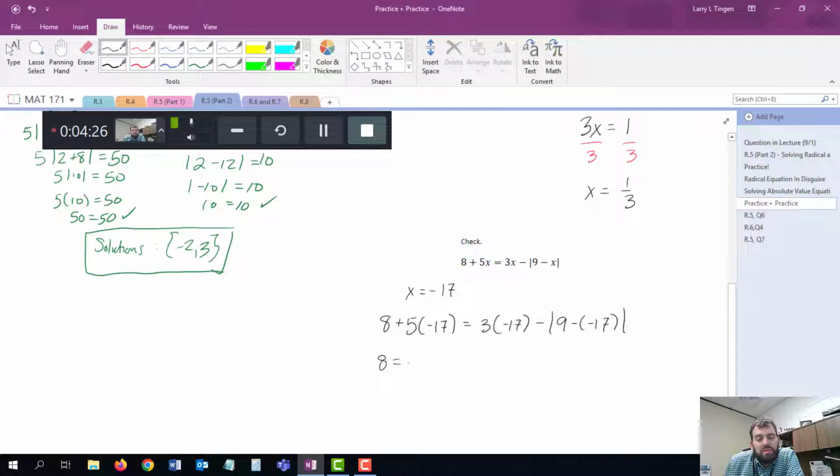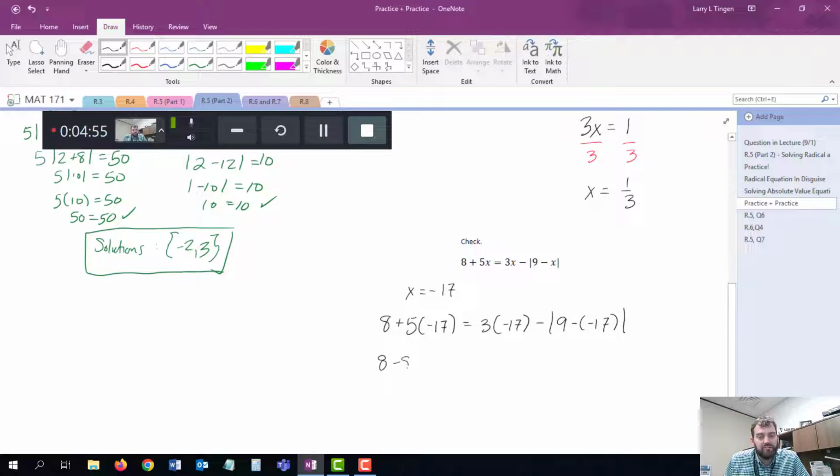All right, math. 5 times -17. Gonna use the calculator. No reason to try to guess when I think I know. So that's 8. Order of operations says I have to do that multiplication before I can do the addition.